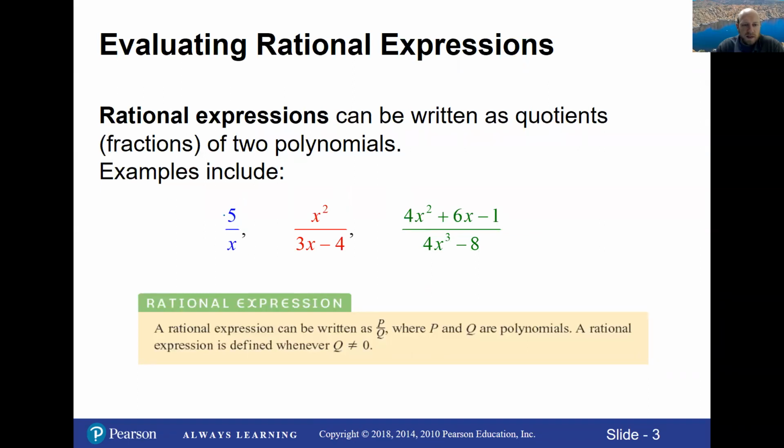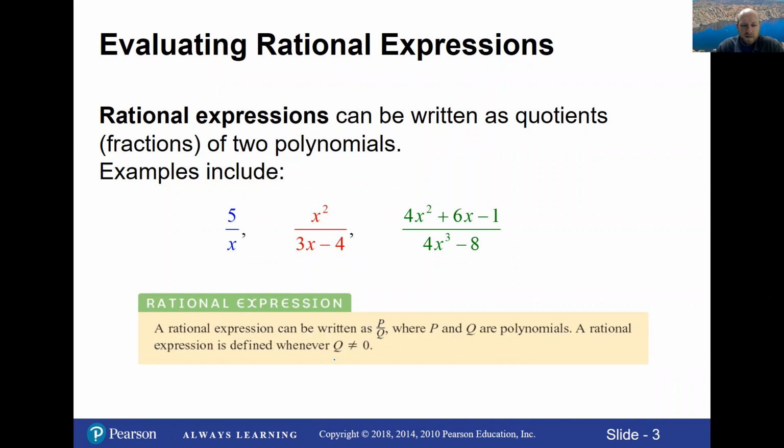So 5 is a polynomial, x is a polynomial. x squared over 3x minus 4. Again, both polynomials. A rational expression can be written as a fraction or as a quotient. The numerator and the denominator need to be polynomials.